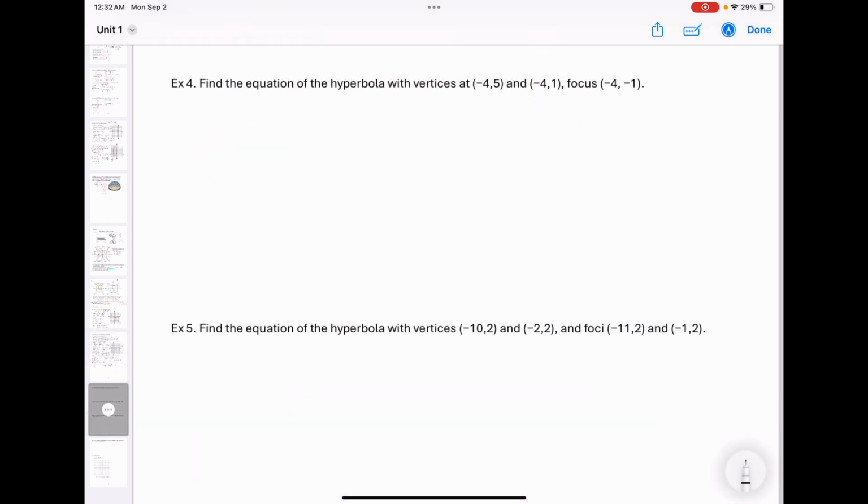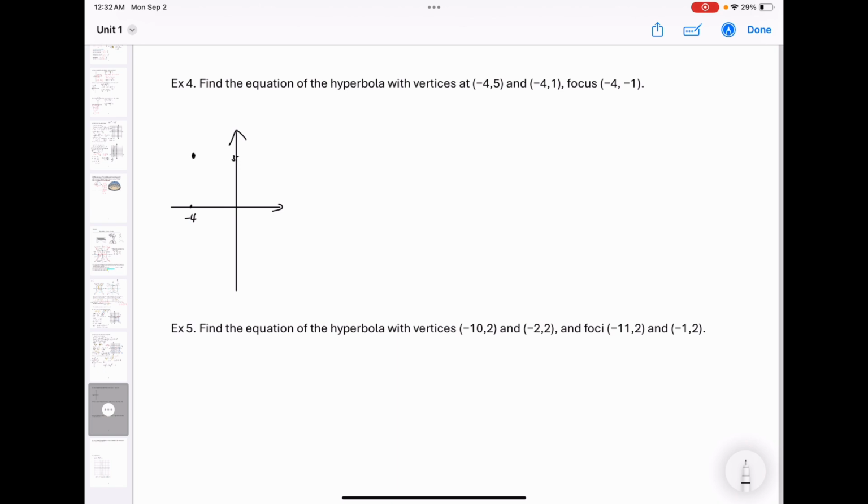Example 4. Find the equation of a hyperbola with the vertices at -4, 5 and -4, 1, and focus -4, -1. Let's put this information on the xy plane. First, let's find the vertices. -4, 5. So let's say this is -4, and then this is 5. So my first point is here.